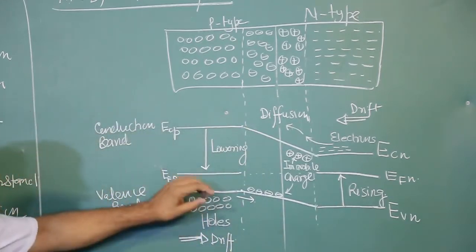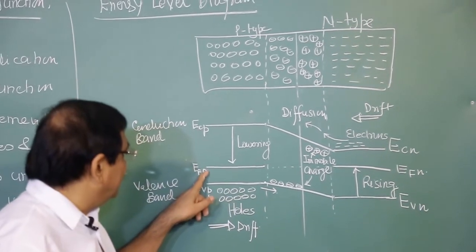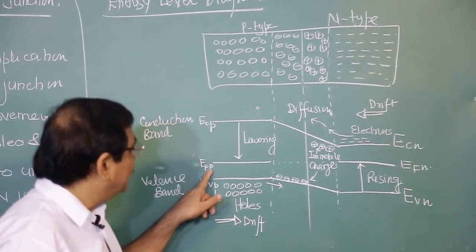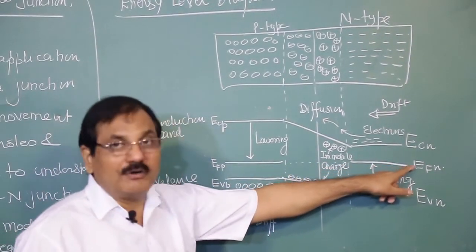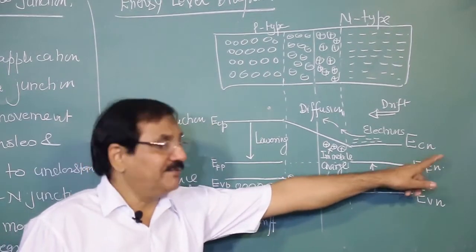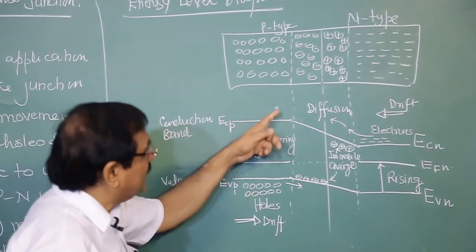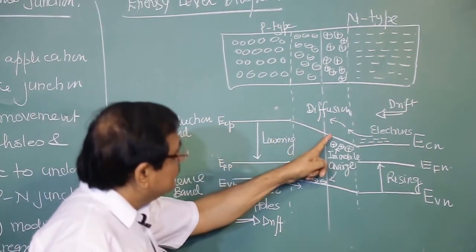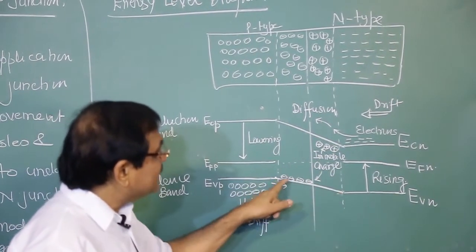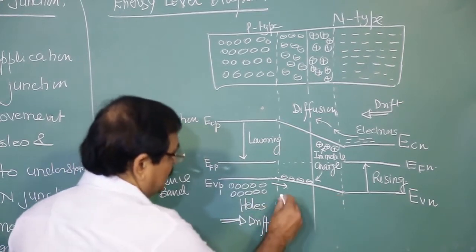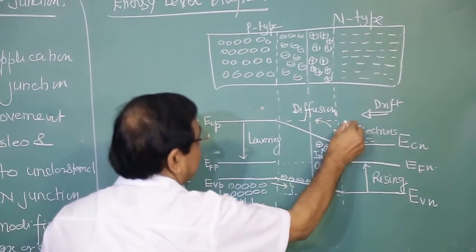Now, as the p n junction is formed, this energy level E F P aligns with the Fermi energy level in the n type semiconductor, and due to this alignment, there is a slight development of a potential, that is, the potential difference, this value or this value.